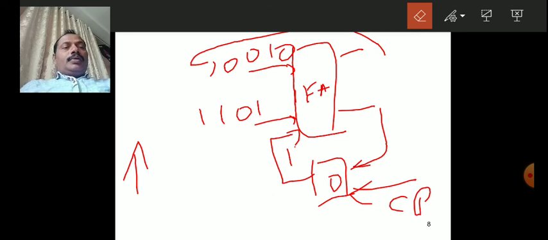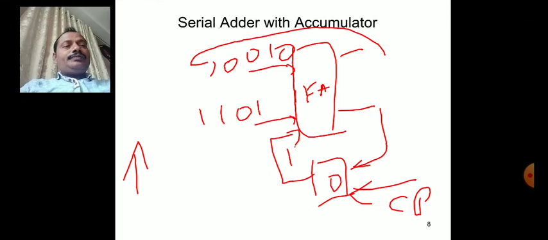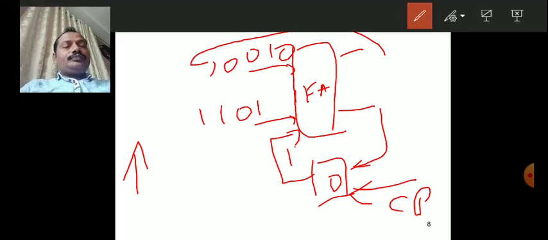Now, what are the new bit patterns? 0, 1, 1 as inputs. That means 0 plus 1 plus 1. The output is 1, 0.